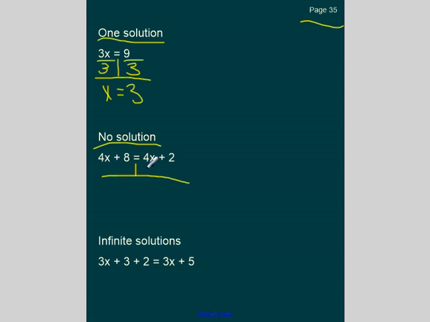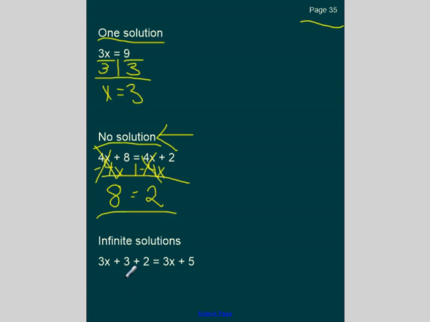If I move that to the other side, I'm going to have to subtract 4x from both sides, and those are going to cancel on the right-hand side, leaving me with positive 2. On the left-hand side, I'm going to do 4x minus 4x, but wait a second, those cancel each other out too. So what am I left with on the left-hand side? I'm left with 8. That gives me the situation where a number equals a number, but it's not true. So that means there is no solution to that equation.